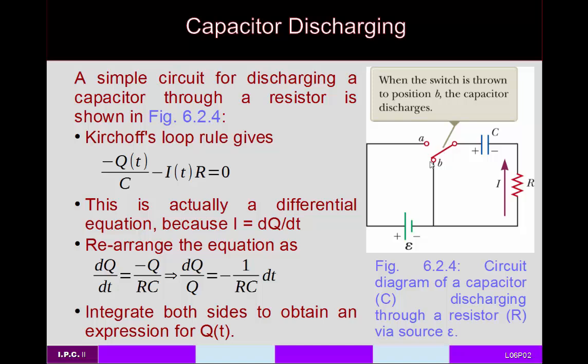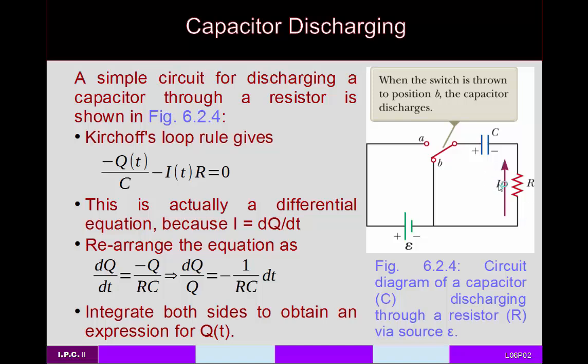When the switch is moved over from position A to position B, the battery is no longer connected across this capacitor. So that means that the capacitor is no longer going to be charging, but rather the capacitor is allowed to now discharge. Basically, what Kirchhoff's loop rule is going to give us now is that the voltage across the capacitor and the voltage across the resistor should now, in fact, be equal.